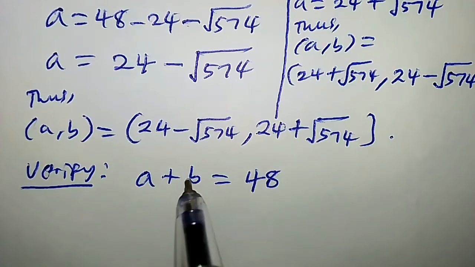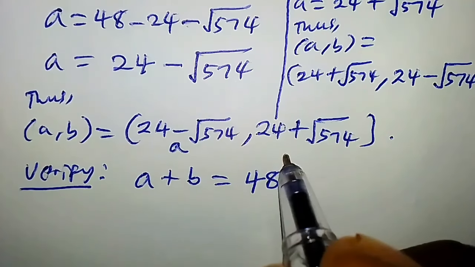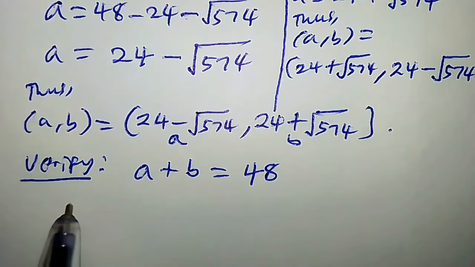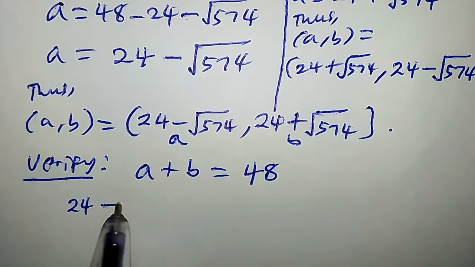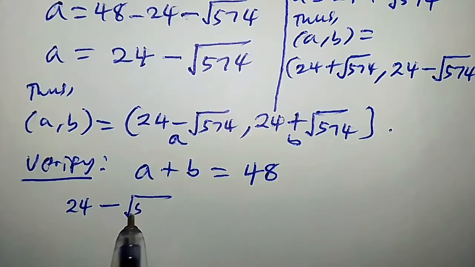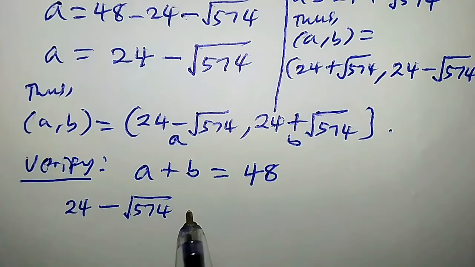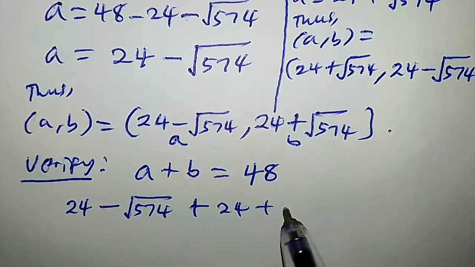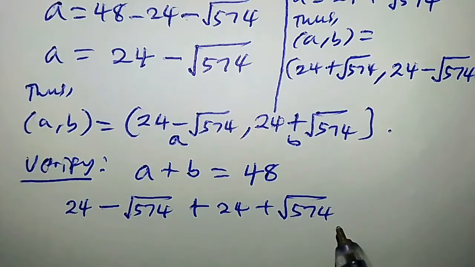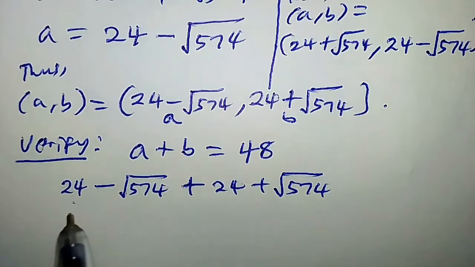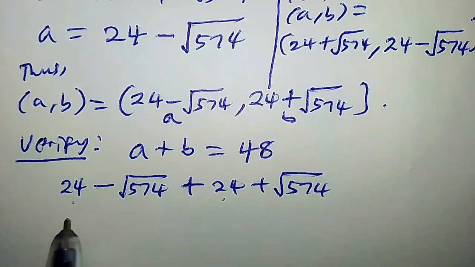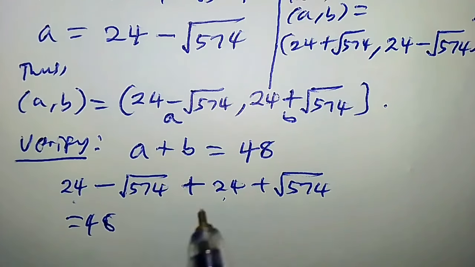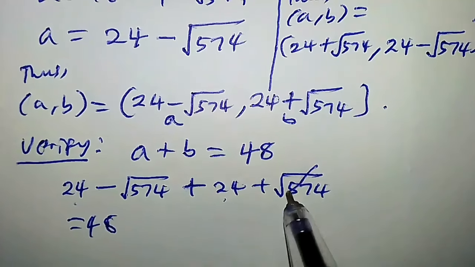This is the first solution. Let us check it. This is A, this is B. Plugging these values here, we have 24 minus square root of 574 plus B, which is 24 plus square root of 574. 24 plus 24, that is 48, minus square root of 574 plus square root of 574 goes.